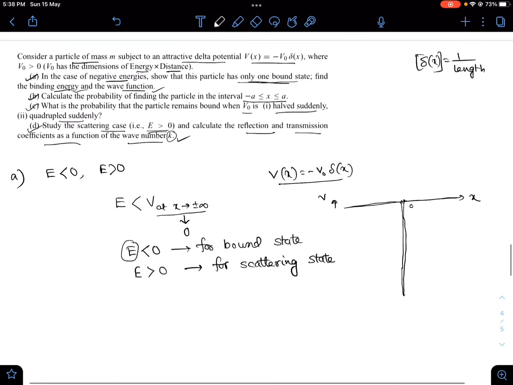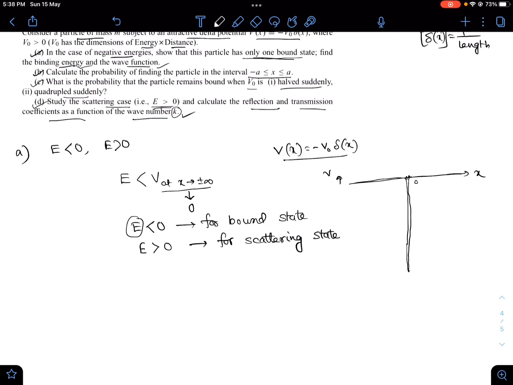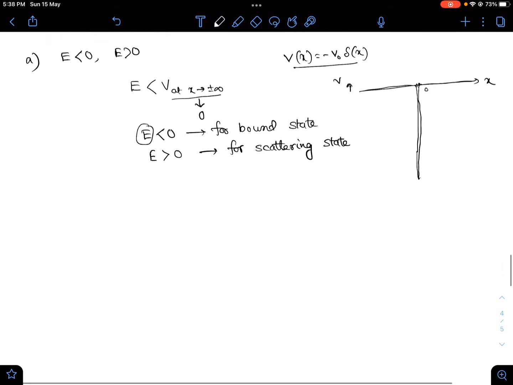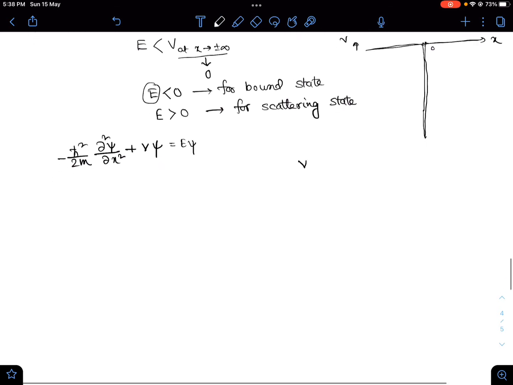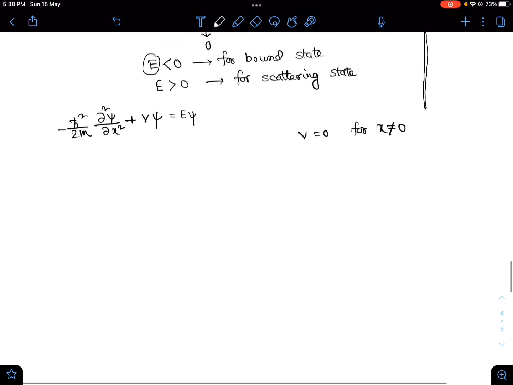wave function. So as we have to find the wave function, we have to start with the Schrödinger equation. So let us write down the Schrödinger equation in one dimension. This potential is 0 for x not equal to 0, so let us do that case.